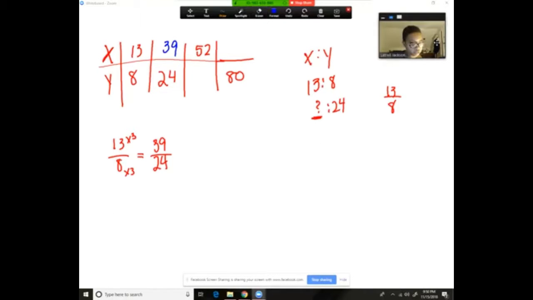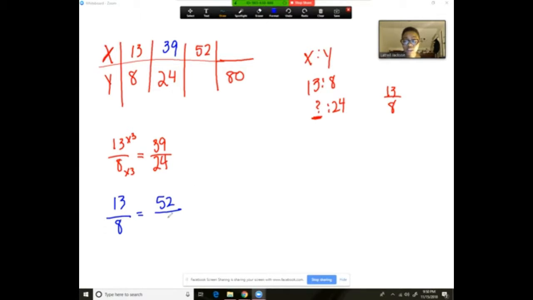So we got 13 over 8. That's our ratio, and we want to get to a fraction where the numerator is 52. Remember, this new fraction is equivalent to the current fraction, 13 over 8.